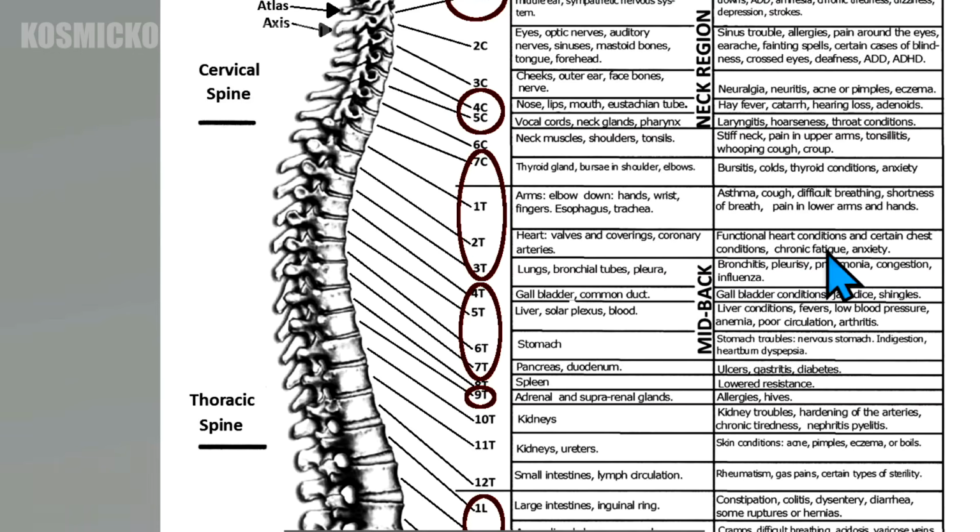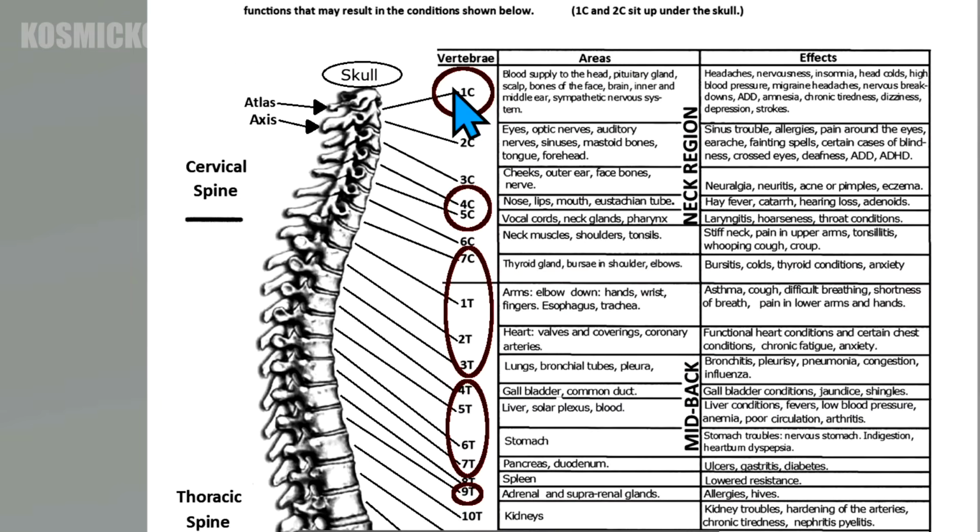Can create a little bit of chronic fatigue, a little bit of anxiety, especially where you've got that 1C out of place also. And that can cause a little bit of anxiety, depression sometimes. And we'd seen that where the end of that heart line kind of dipped down a little bit.